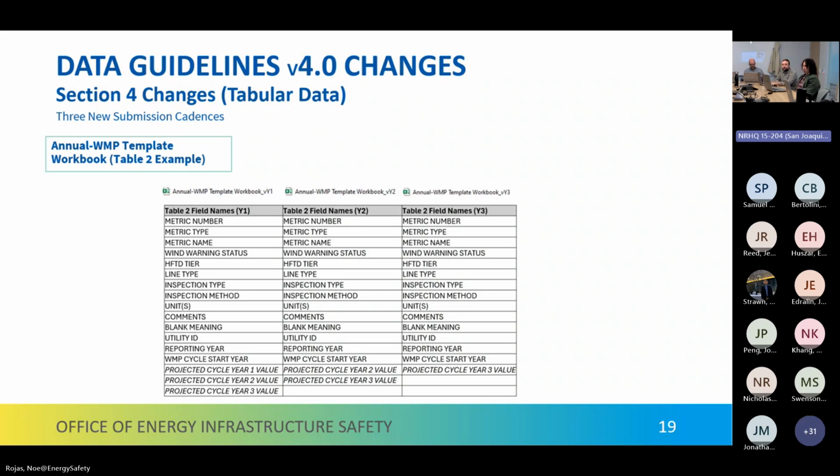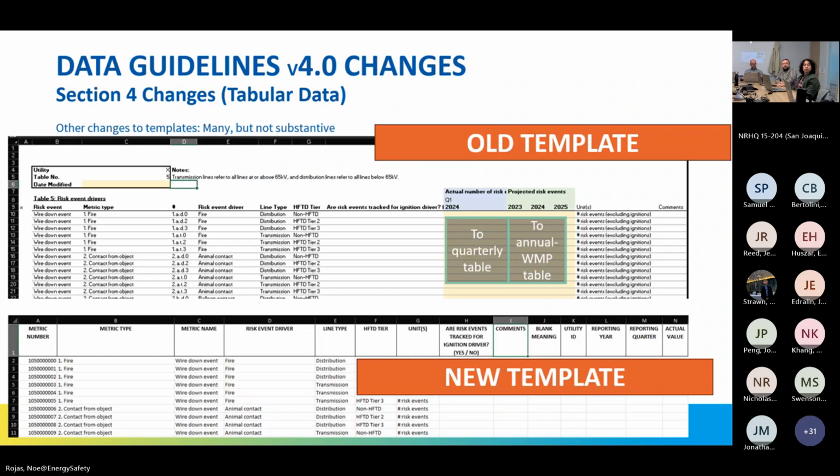But this one, you basically cut off the years of the past. You don't project for the past years. So in year 1, you're projecting for all 3 years of the cycle. In year 2, you're just projecting the next 2 years. In year 3, you're just projecting the last year. So that's all that this is. That's why there's 3 versions. Next slide, please.